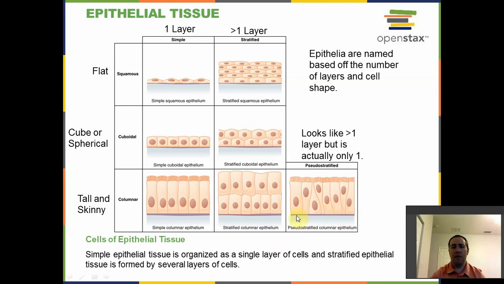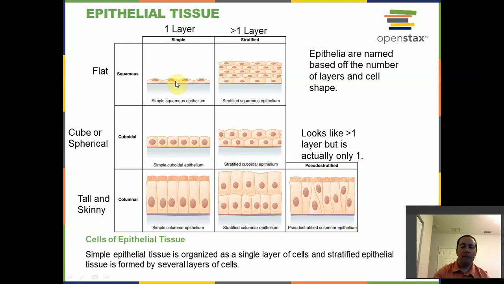So this is the bottom, whatever is below this epithelial tissue. But notice that every single one of these cells touches it. And so in reality, there's only one layer. It's simple, but because it looks like it's stratified, we give it its own name. We call it pseudostratified, so kind of stratified. But there's only one type of that.